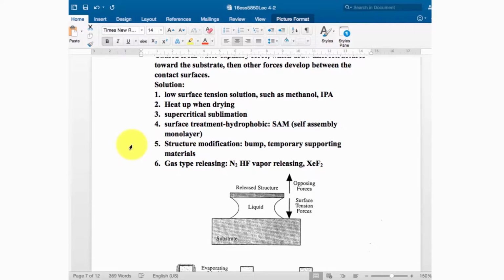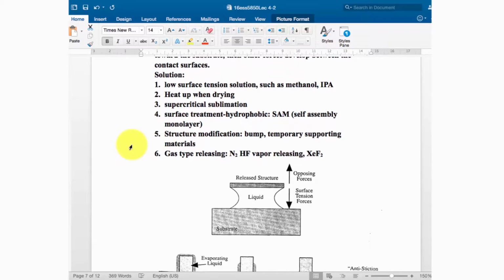Then you can consider other methods by using number 3, supercritical sublimation. The way is very interesting: using carbon dioxide to replace water, then sublimate the carbon dioxide directly.